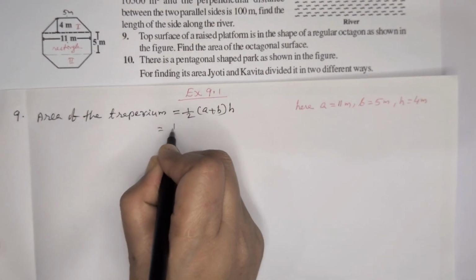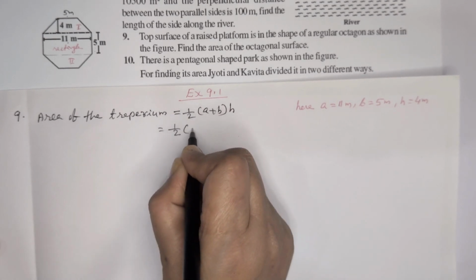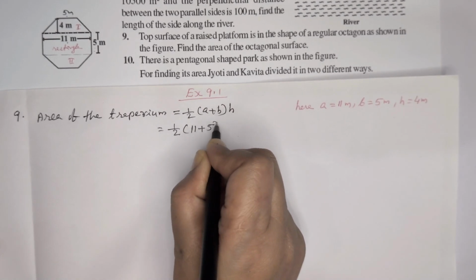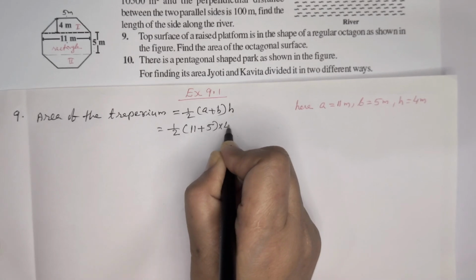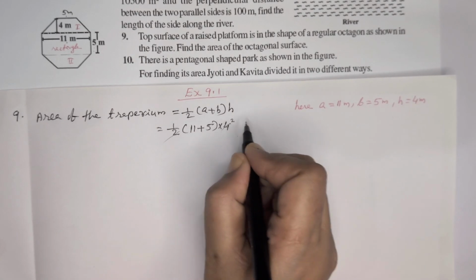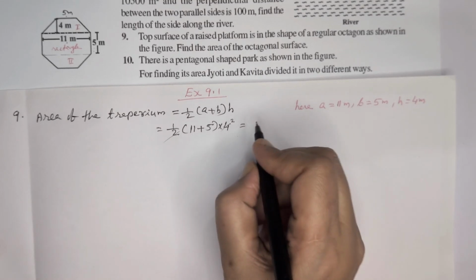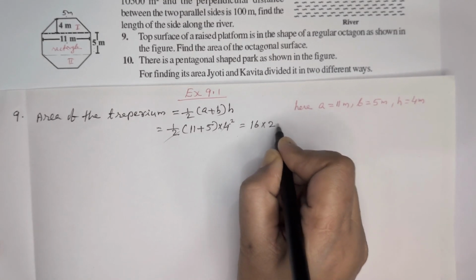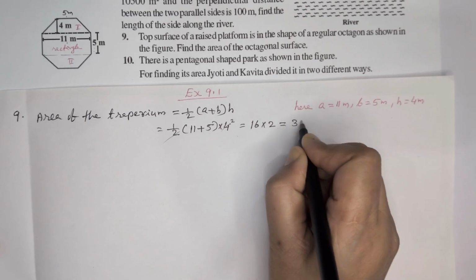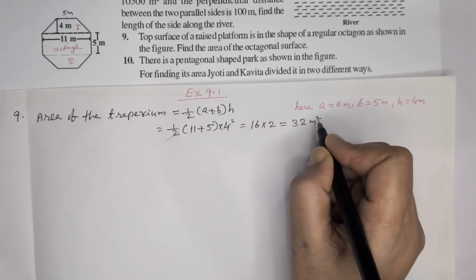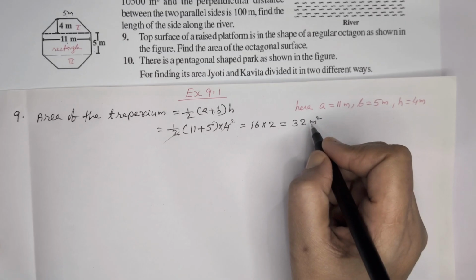So which is equal to half into, in place of A 11 and B 5 parallel sides, that into height is 4 meter. We can divide here 2, which means 11 plus 5, 16 into 2 is equal to 32 meter square. That is the area of one trapezium.